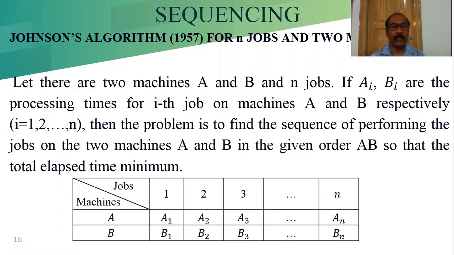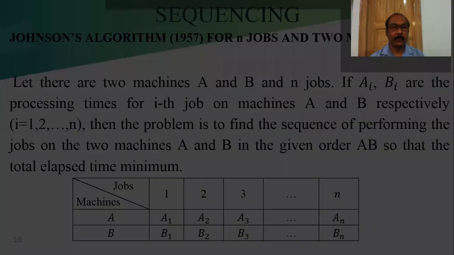Our objective is first to arrange the jobs in order. Why do we have to arrange? We have to minimize the elapsed time. That means total processing time should be minimum. We have to arrange all the jobs that way.